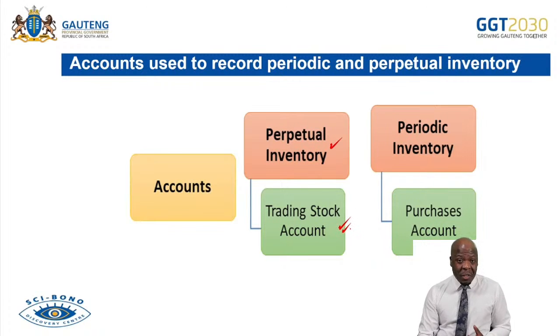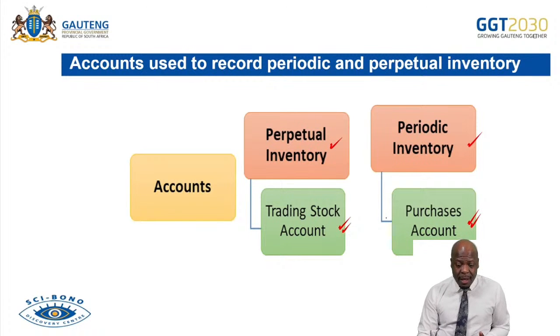So with the perpetual inventory system, when we acquire stock, it is recorded in a trading stock account. However, with the periodic inventory system, when stock is acquired and any other movements that pertain to stock, they will be recorded in a purchases account.